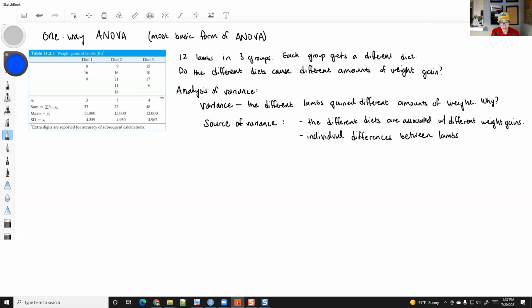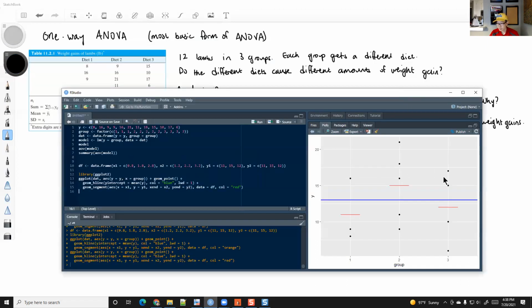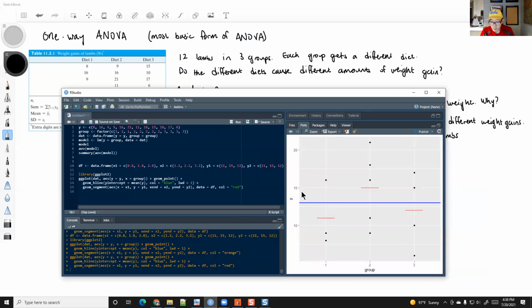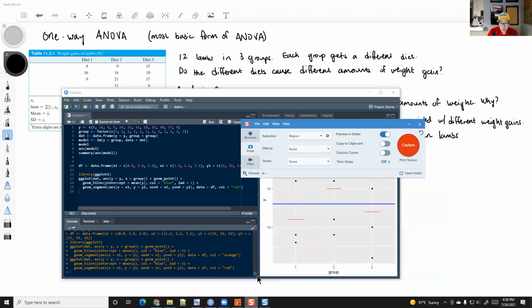And you're going to need the summary values, and one of the important summary values we need to calculate is the grand mean. Here I also plotted the data. Let me see how big I want this plot. Okay, put this here. Copy this.